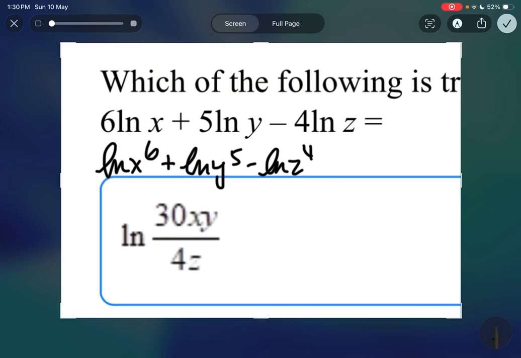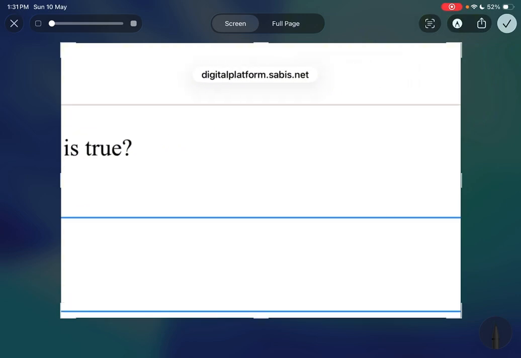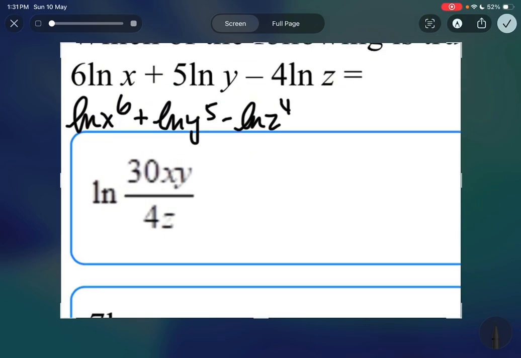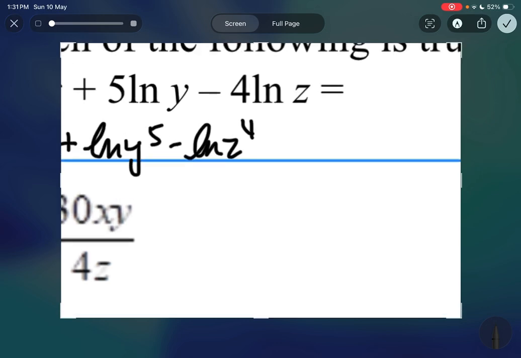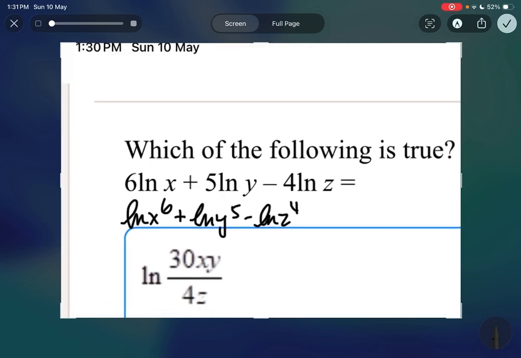Okay, you know, because when you have, let's say, ln of y^12, to solve it in simplest form, it will be 12 ln y. You know that. And to put it back is the same thing. And you know that when you have ln plus ln, you can multiply them since they are both ln.